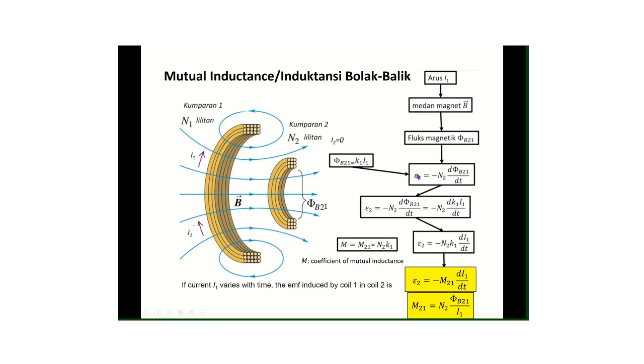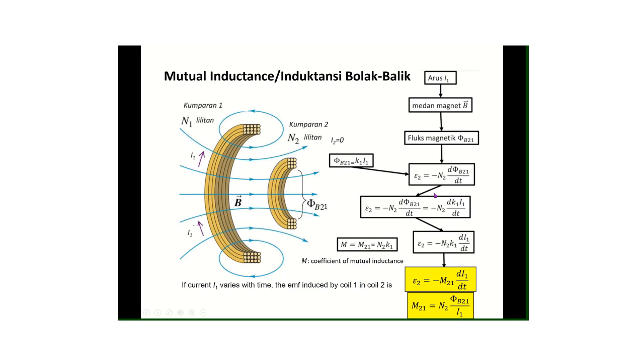Based on Faraday's law, the induced EMF can be calculated using this formulation. To calculate the induced EMF in coil 2, epsilon 2 is equal to minus N2 d flux B21 over dt. Flux B21 means the flux penetrating coil 2 due to coil 1.